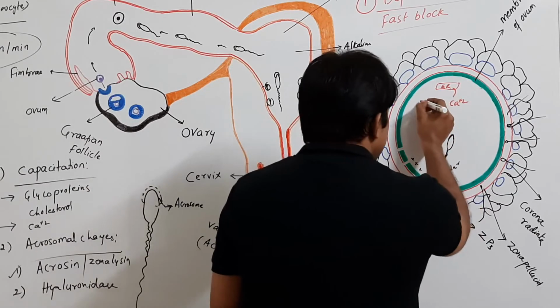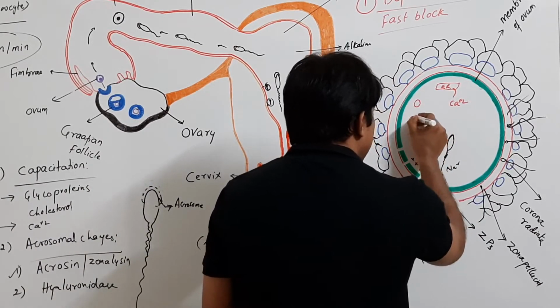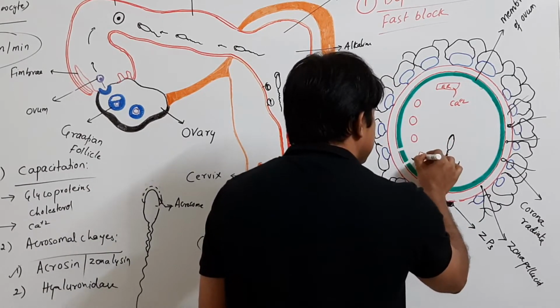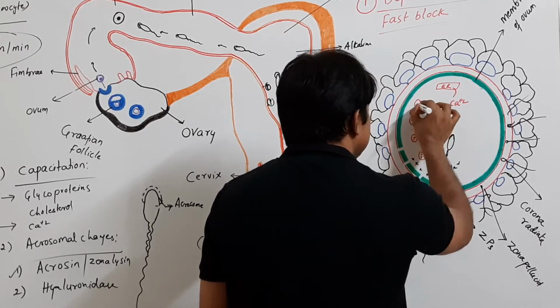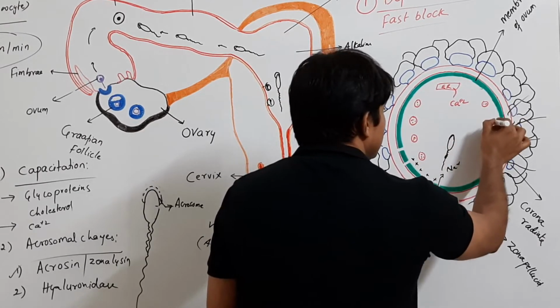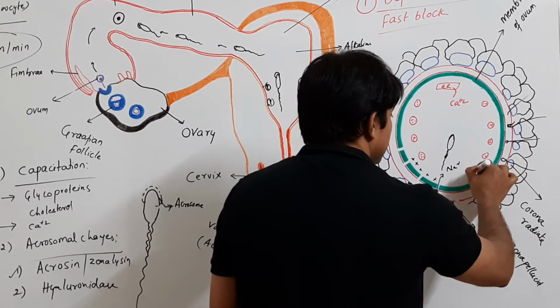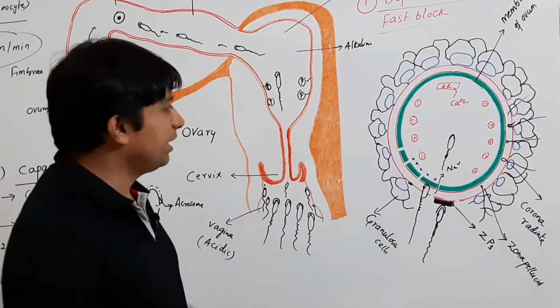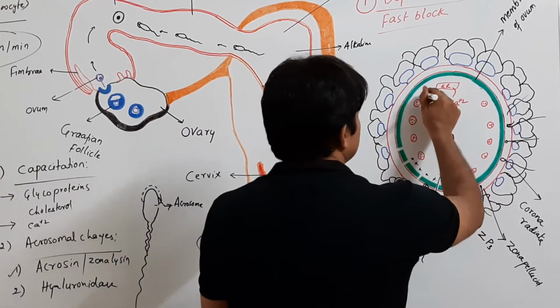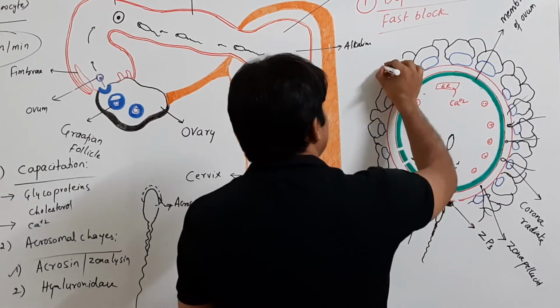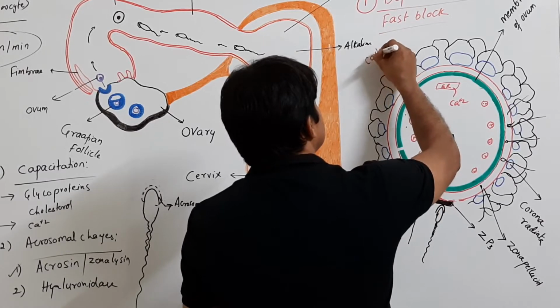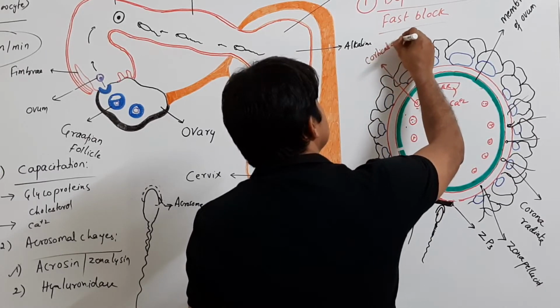There are several cortical granules present inside the cytoplasm of the ovum.